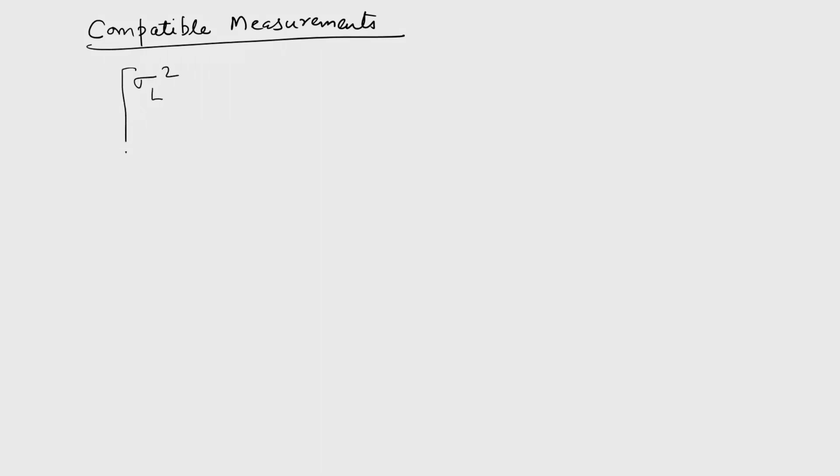Let us take the next one, which is compatible measurement. Again, the matrix sigma L square, sigma LD, sigma D square in case of the latitude departure example, right? Here if you see that length measurement is very accurate, or bearing measurement is very accurate, and as a result of that I am getting some value of sigma L and some value of sigma D which are quite different.